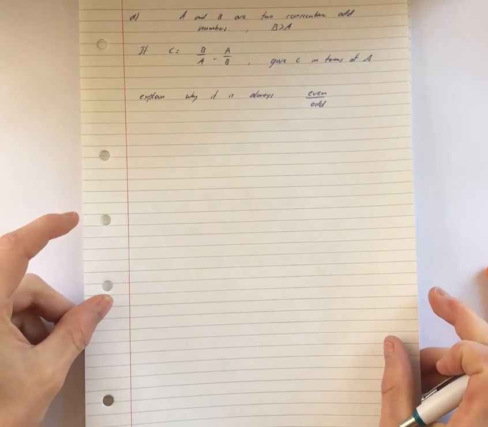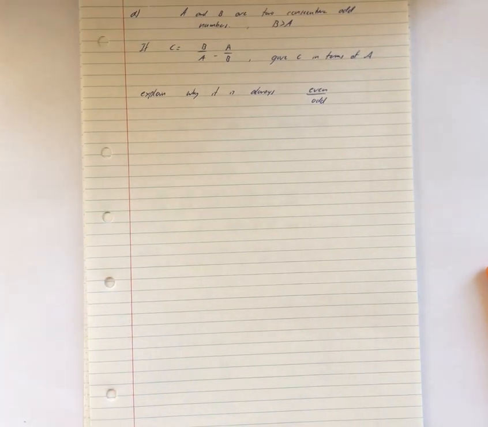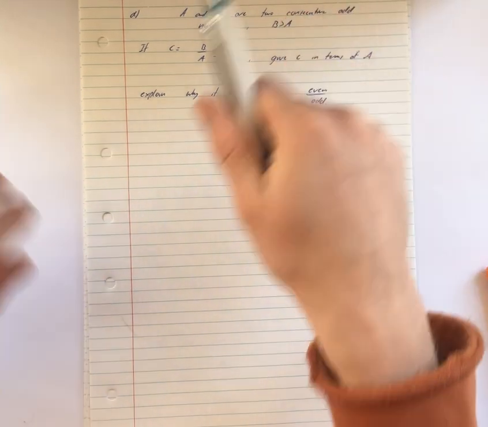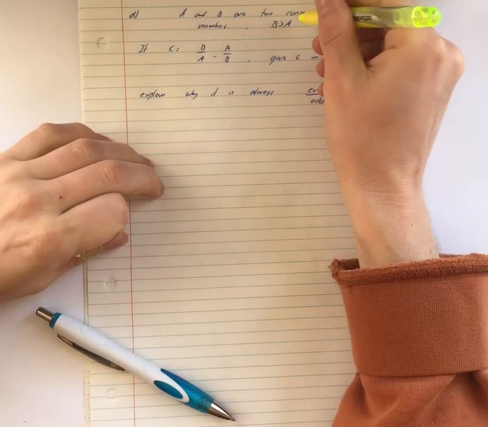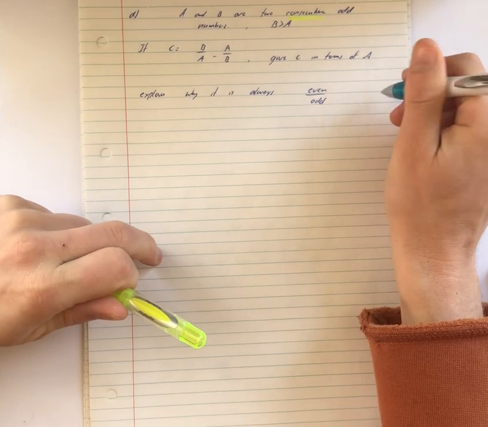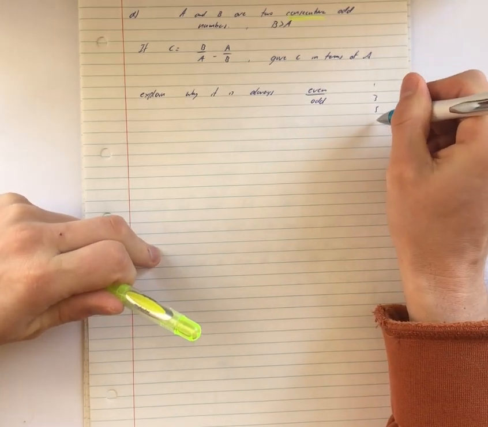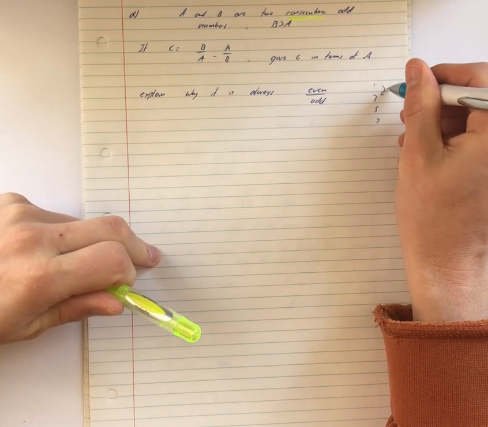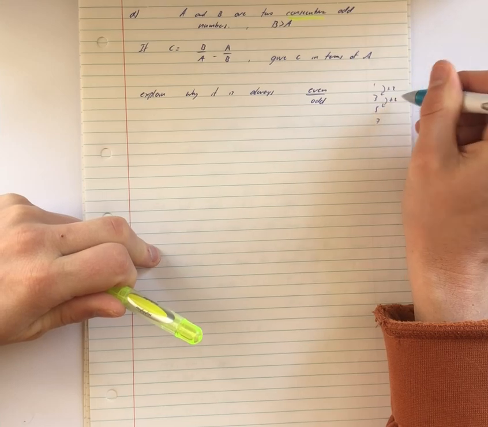Last question. It's quite an interesting little algebraic proof, which is quite fun. So A and B are two consecutive odd numbers. Alright, so if you think about odd numbers, what do they go up in? 1, 3, 5, 7. They go up in 2s.